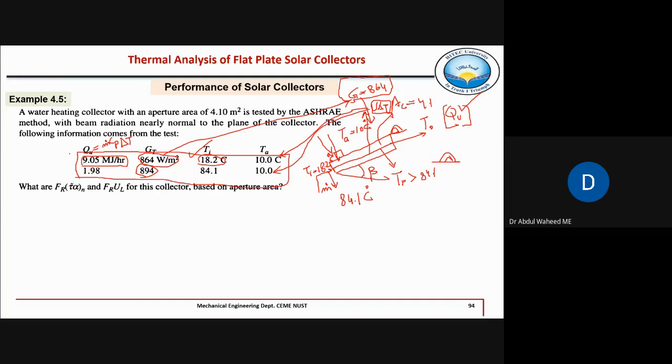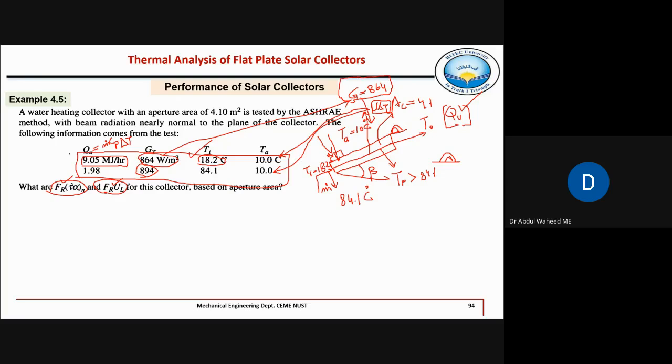The theory we have already discussed, the meaning of these terms that represents the intercept or the optical losses, and this term represents the thermal losses. So with the help of this data, we can find out these two terms, the heat loss term, and the intercept efficiency or the optical efficiency or optical losses, in other words.